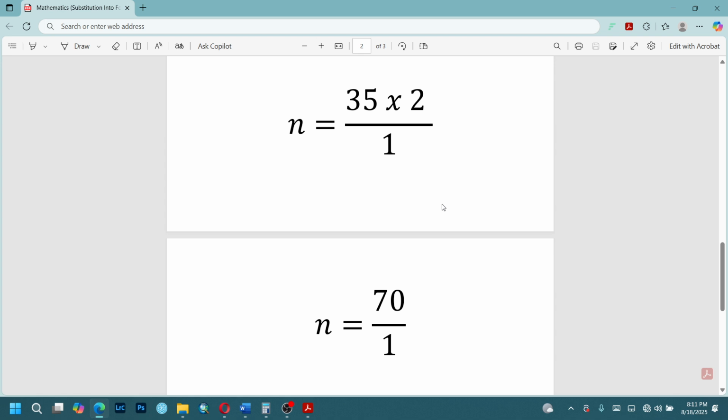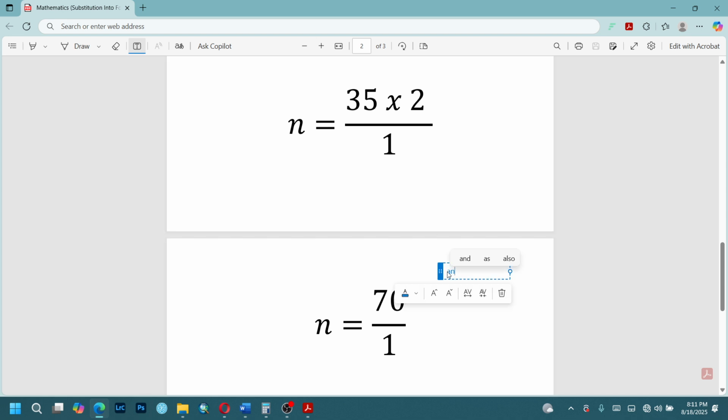So any number divided by 1 is that number itself, right?